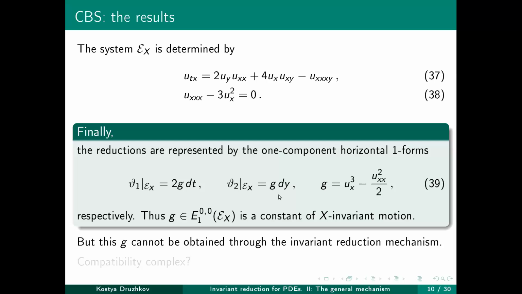But G cannot be obtained through the invariant reduction mechanism directly. We get it using these one-forms, the reduction of conservation laws, and they are given by equivalence classes of one-forms. But we cannot actually obtain G directly using the invariant reduction mechanism, because the corresponding group of the Vinogradov C-spectral sequence of the original CBS equation itself is trivial.